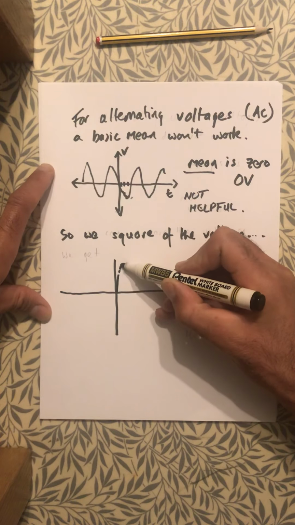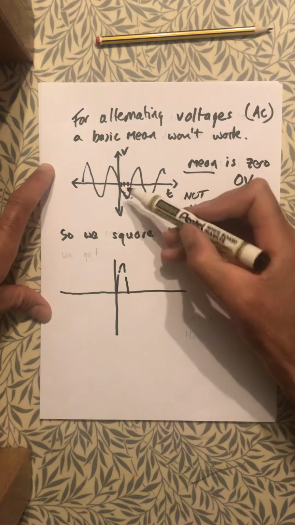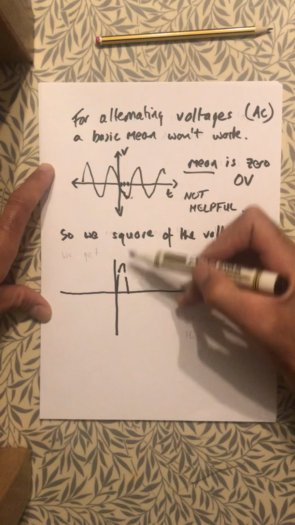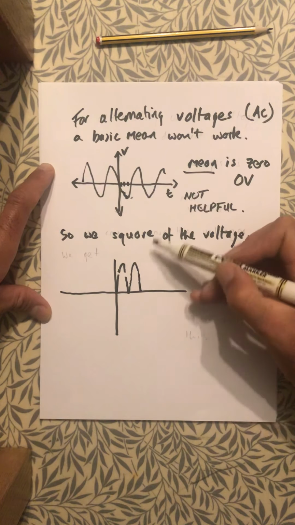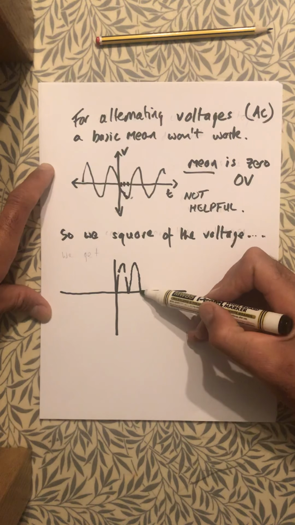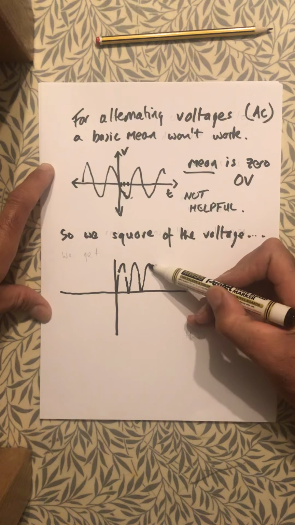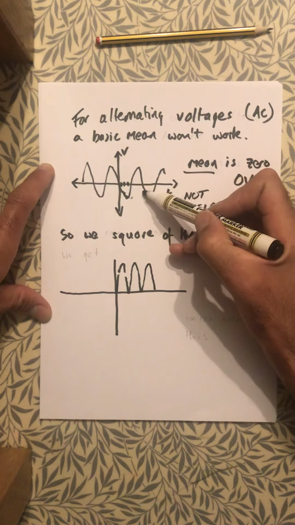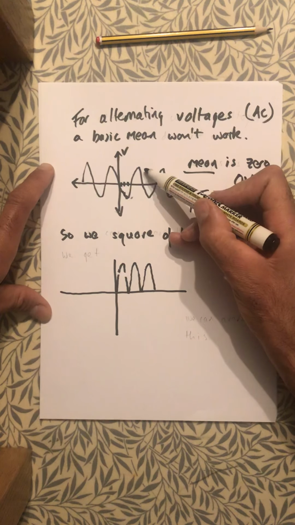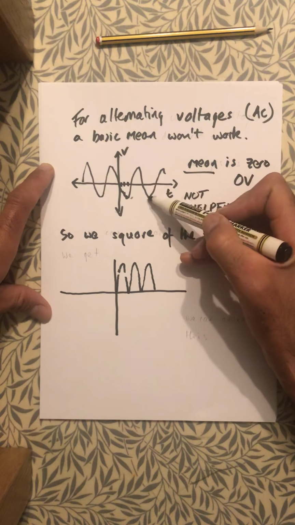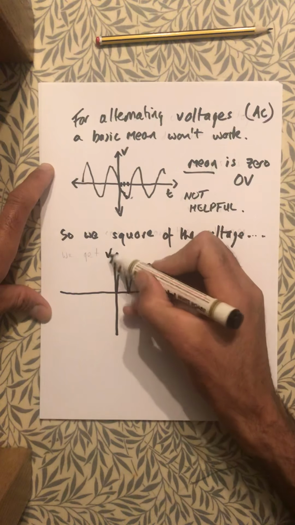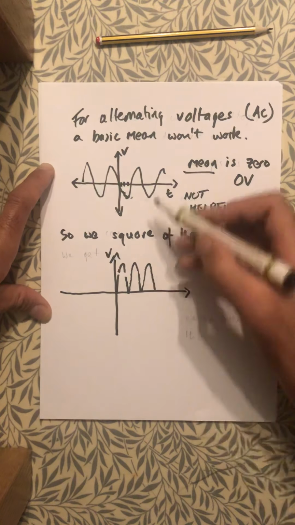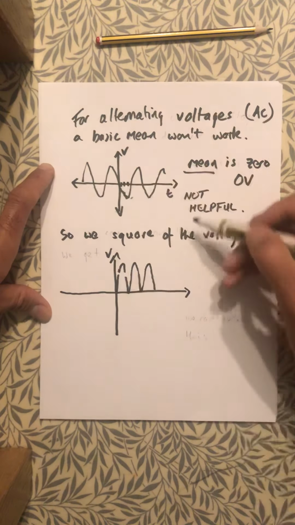I'd have an initial trough matching this part, then this next trough matching that part. Then this trough would again become taller and go positive, because I'd have -2 times -2 is +4, and -3 times -3 is +9. So it goes higher up the voltage scale, and I don't have any negative regions.